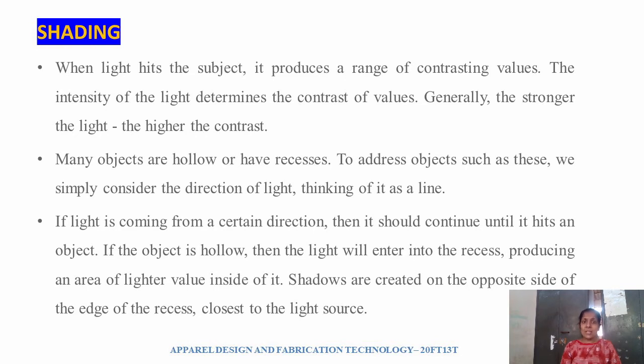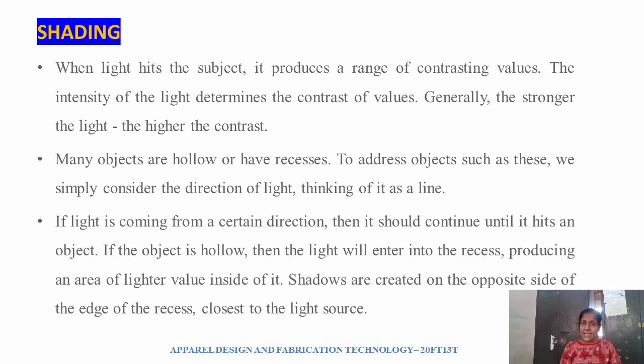Many objects are hollow or have recesses. To address objects or figures such as these, we simply consider the direction of light and how it passes. On that imaginary basis, we can shade the drawings or figures that we sketch.